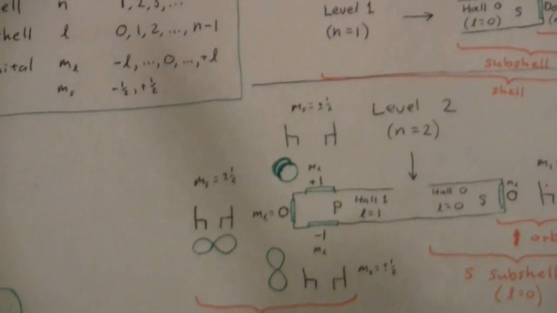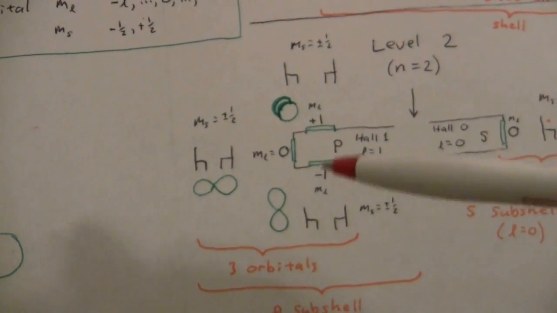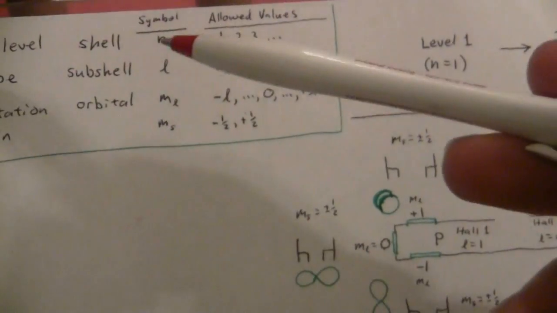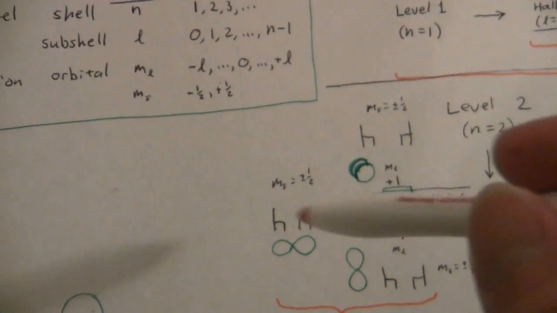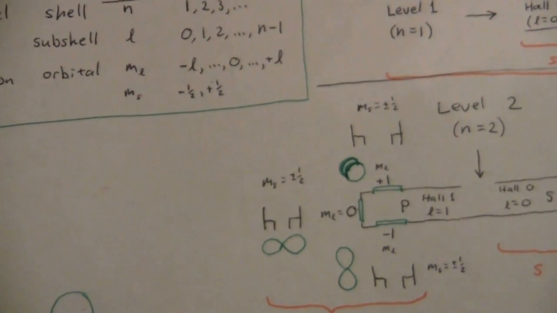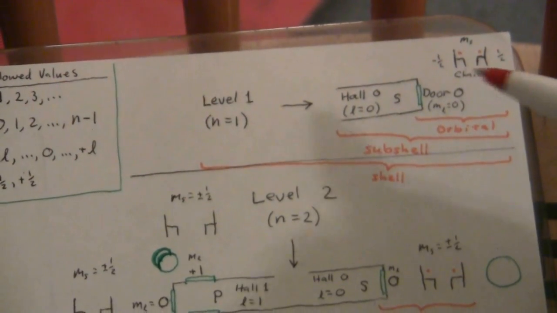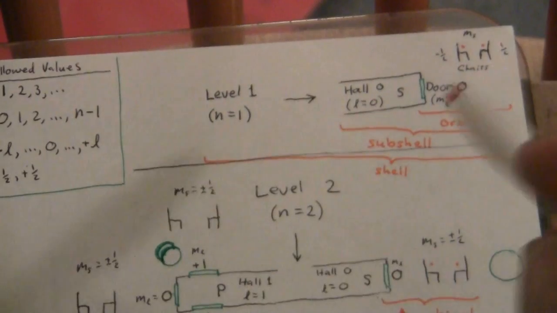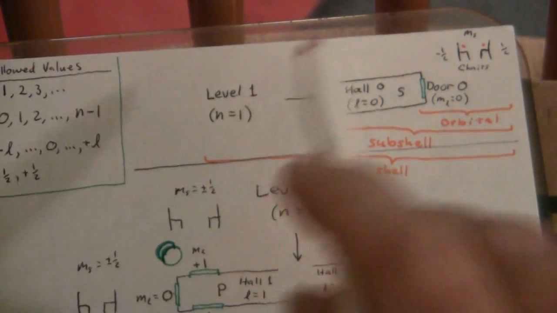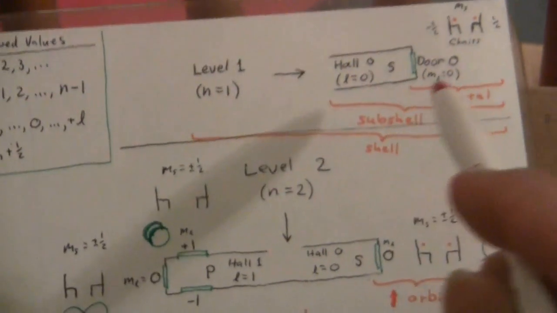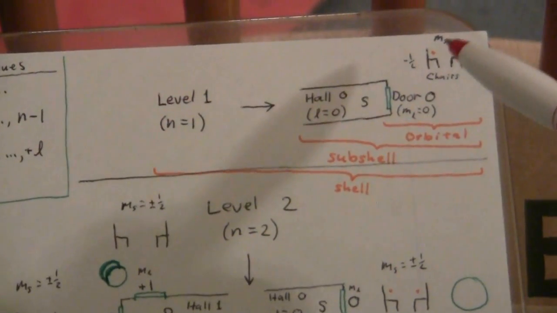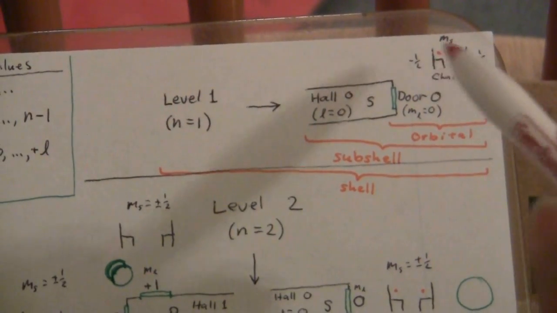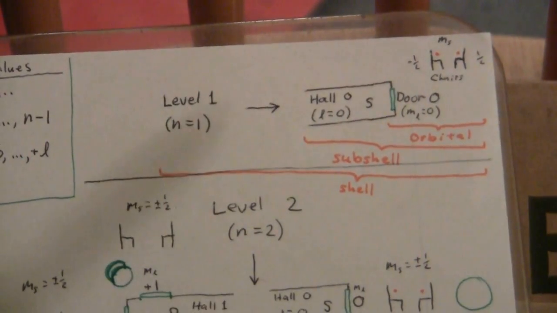And you'll notice there's a unique set of these 4 quantum numbers for each chair, in other words, each electron in the atom. All right, so these 2 electrons, those 2 chairs, have n equals 1, L equals 0, M sub L equals 0, and M sub S is negative 1/2 for this one, positive 1/2 for that one.